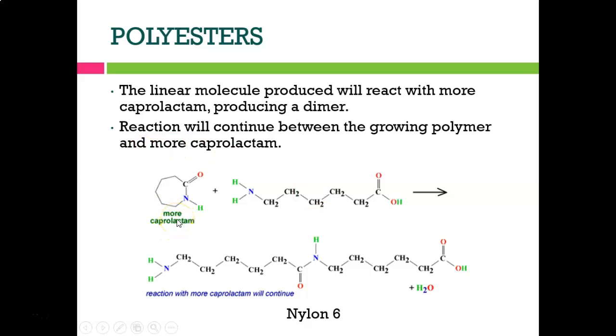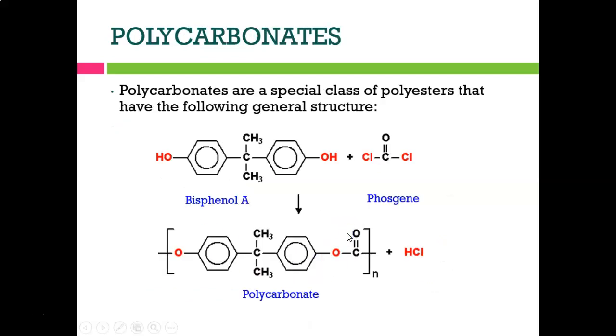The reaction will continue between the growing polymer and more caprolactam. It means that in order to produce nylon 6, it must react with water. Water reacts with caprolactam to produce nylon 6. But the water must then be removed from the reaction.